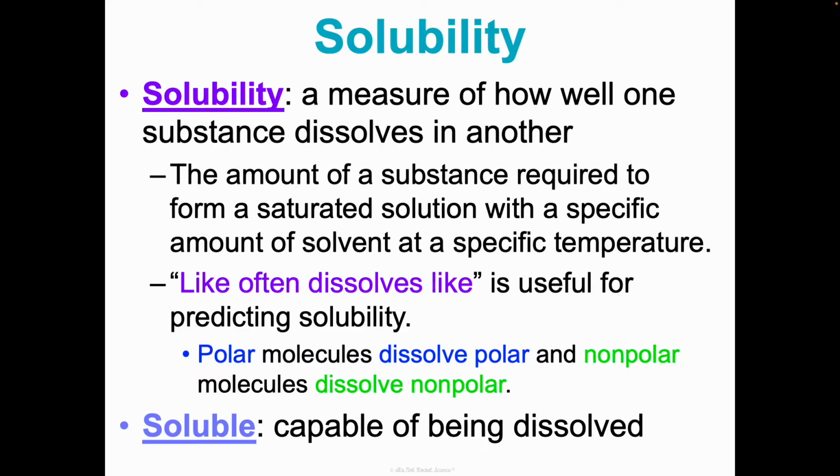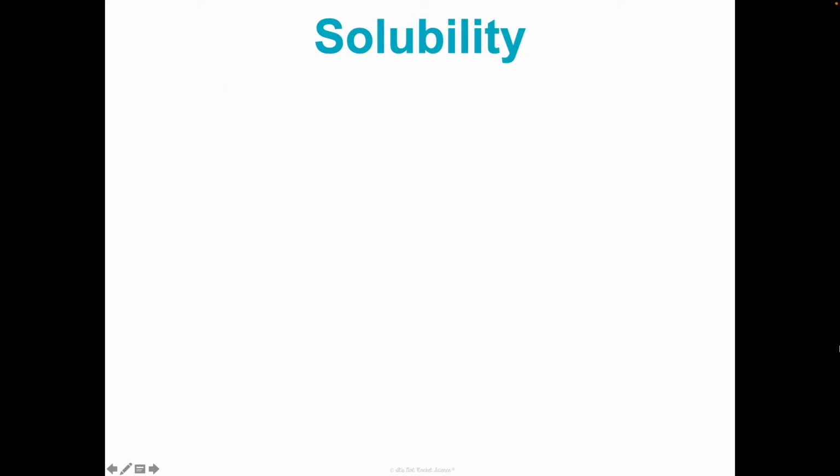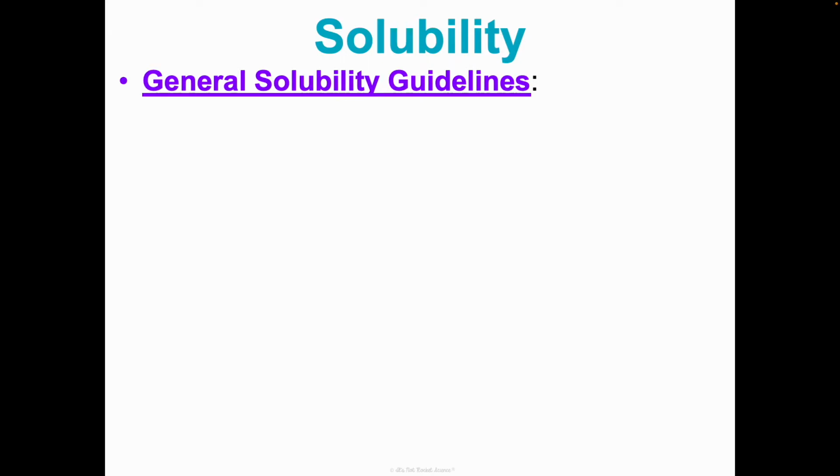And so I have a little online simulation I can show you that'll give you a great visual of those differences. So not everything will dissolve everything. Not every substance will dissolve things as well as other substances. Okay, but there are some general guidelines we can use to predict if a compound will be soluble, specifically for our purposes with water, which we're going to talk about more in just a second.